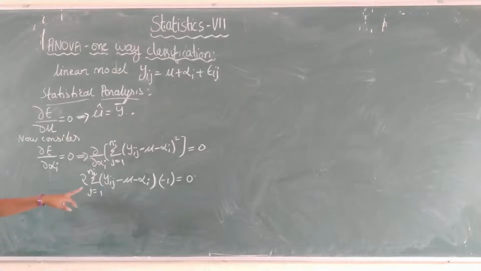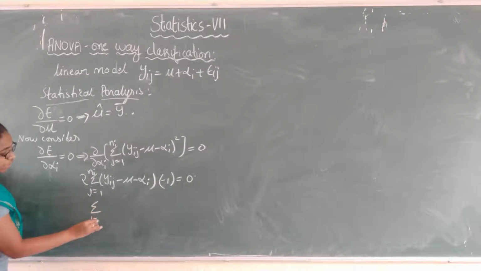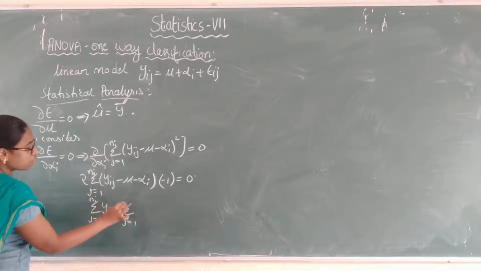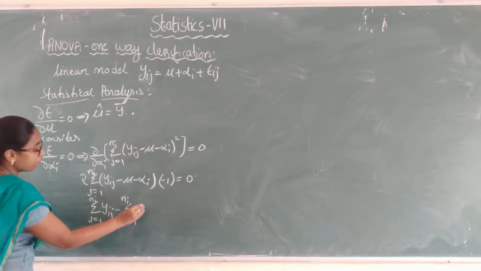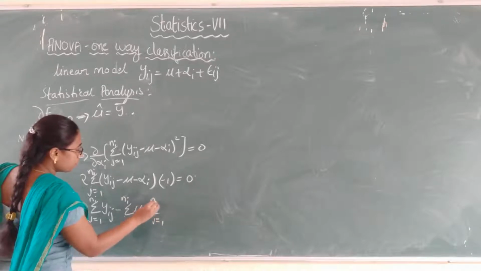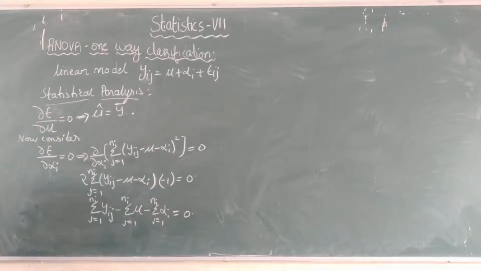Now send this minus to the outside and multiply the summation over j inside. You will get summation over j equals 1 to ni Yij minus summation over j equals 1 to ni mu minus summation over j equals 1 to ni alpha i equals 0. Now we have to estimate the value of alpha i, since we are differentiating with respect to alpha i.